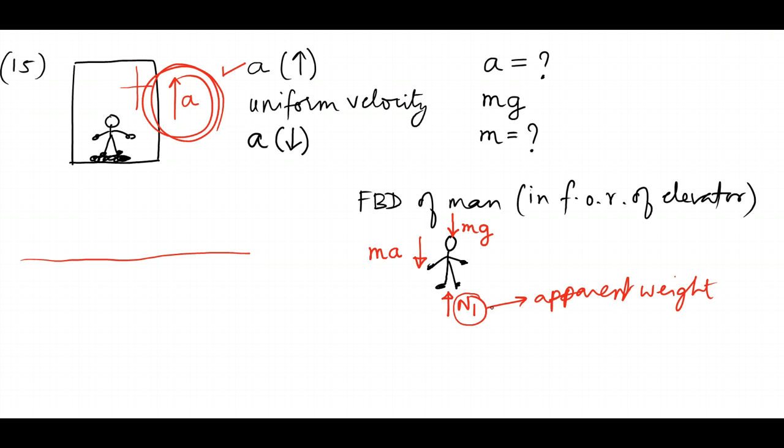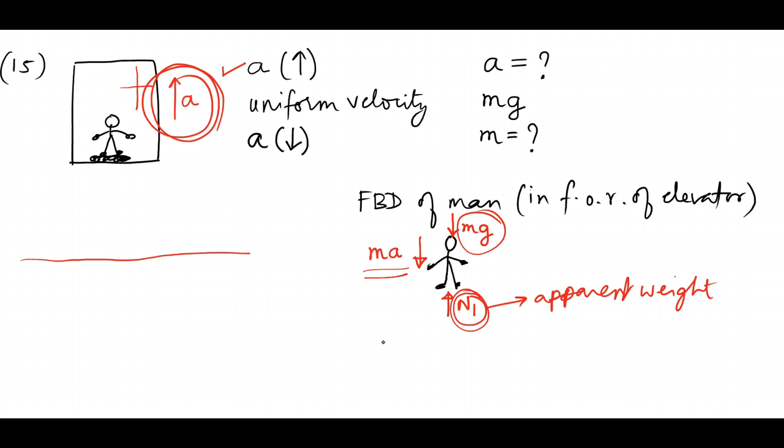So we have covered all the three forces acting on the man in the elevator frame. Two of the forces, that is mg and the normal reaction, are real forces, and the third force is a pseudo force.